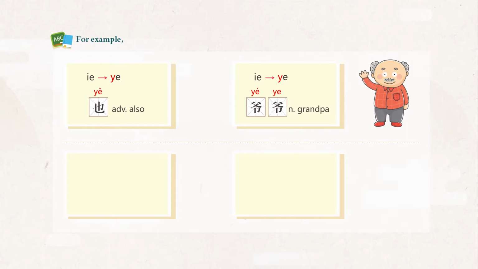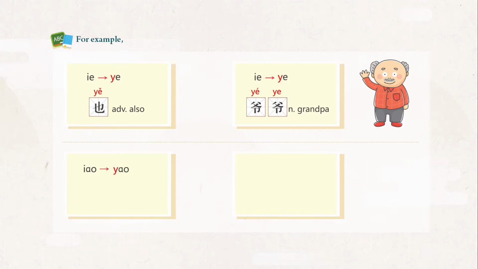Compound final ie, when ie is a syllable by itself, we directly change i into letter y. We got a pinyin ye, but still pronounced as ie, such as word ye. Compound final iao, when iao is a syllable by itself, we directly change i into letter y.